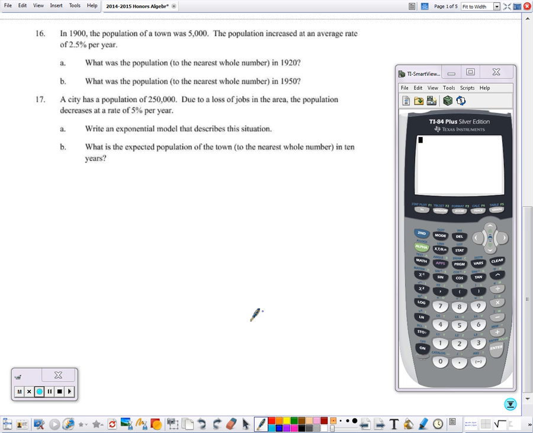Okay, so now for 16 and 17, the population is increasing. So this is the formula we're going to use.